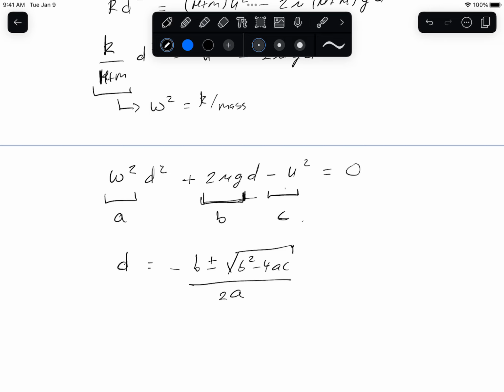So we can plug all of these values into our expression for d, and that's going to give us our final answer.